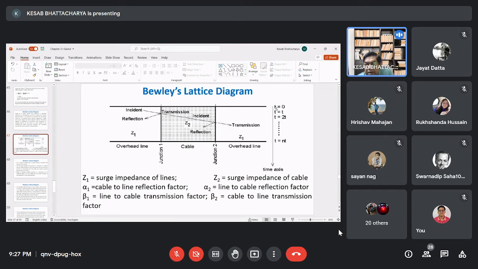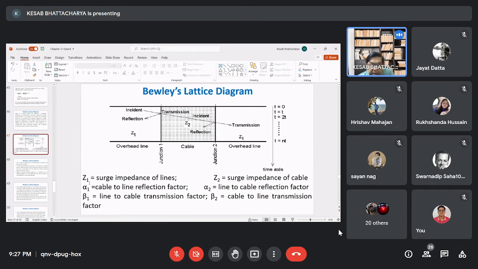That way, if we consider the time starting from t equal to 0, then t, 2t, and so on, at different instants of time, different magnitudes of transmitted voltages will enter the second transmission line.